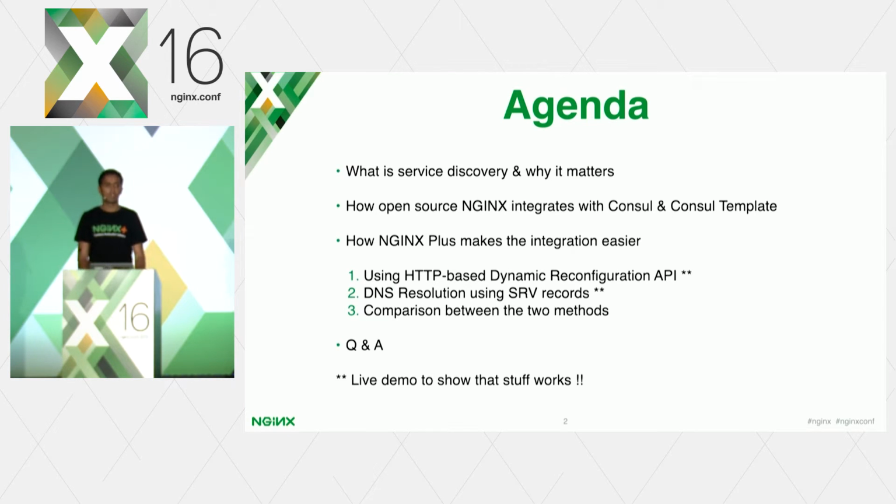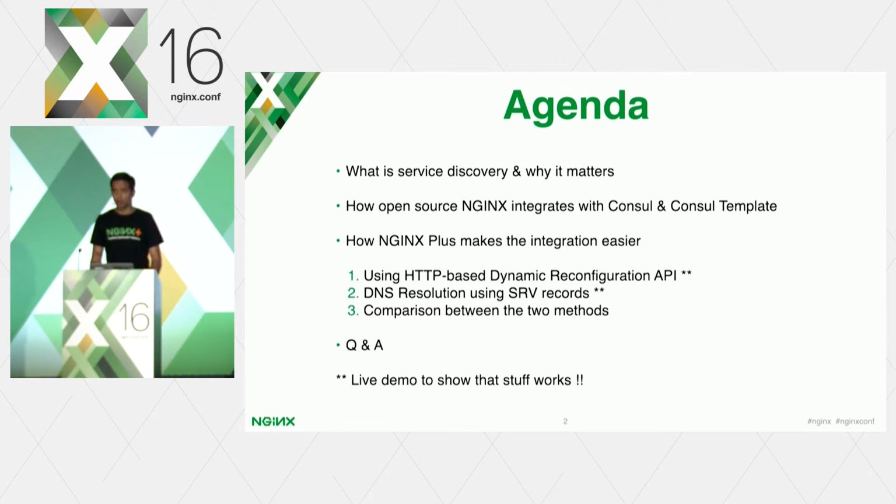So the agenda for my talk today is going to be, first, to see what service discovery is and why it matters. Then go into seeing how open source NGINX integrates with Consul and Consul Template.